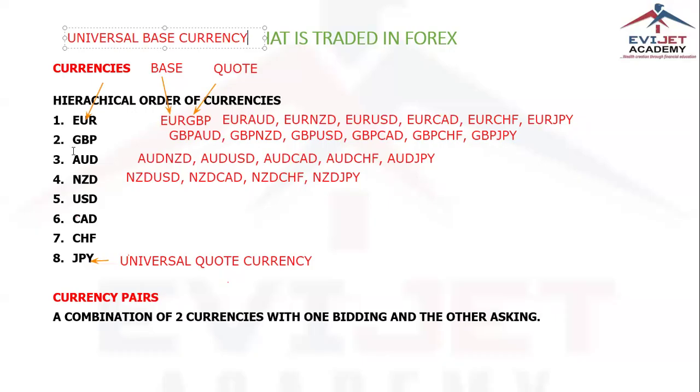We have paired all these major currencies. Now, we have major currencies and minor currencies. Any currency that is not in this 1 to 8 is a minor currency, while these 8 are called major currencies.